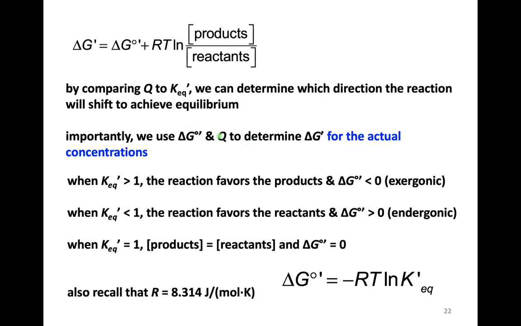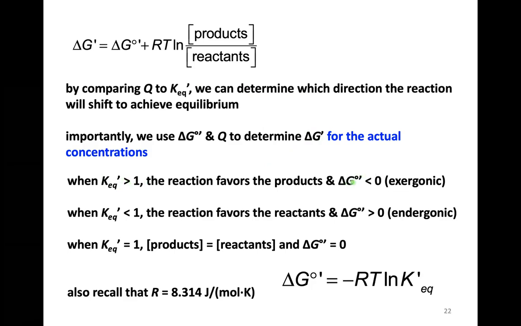It's really important to keep in mind that the standard free energy and the reaction quotient are both used through this relationship. Remember, this is Q, to actually calculate the actual free energy for the actual concentrations. So the boots on the ground, okay? And of course, we know when the equilibrium constant is greater than 1, this is an exergonic reaction.